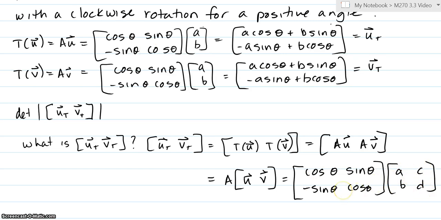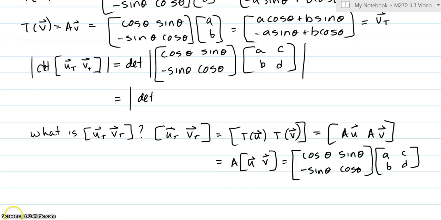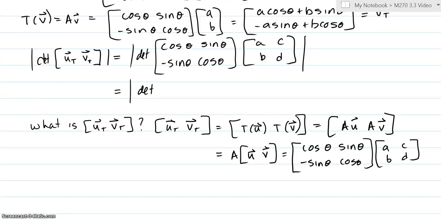That's the determinant I want to use here. So we're going to say this is equal to the determinant of these two things. And what is that equal to? Oops, I put my absolute value in the wrong spot there.